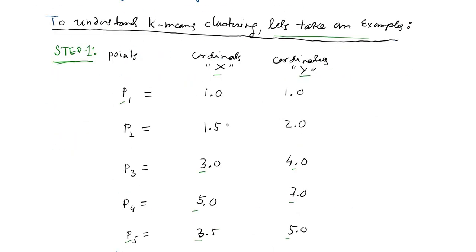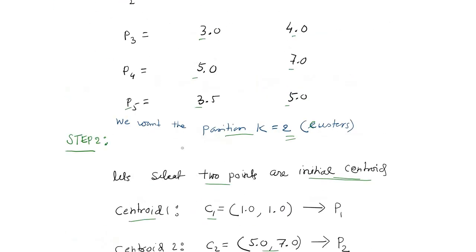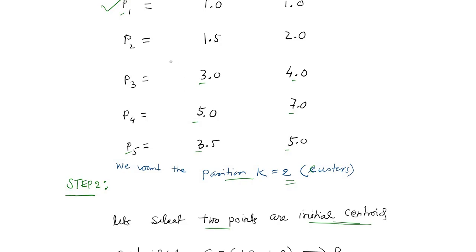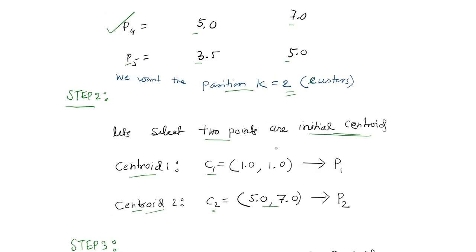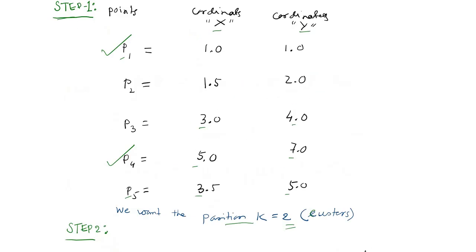So 1, 1 is your P1, and 5, 7 is your P4. Sorry, I said P2 earlier, but this is basically your P4. So this is one centroid and P1 is another centroid.